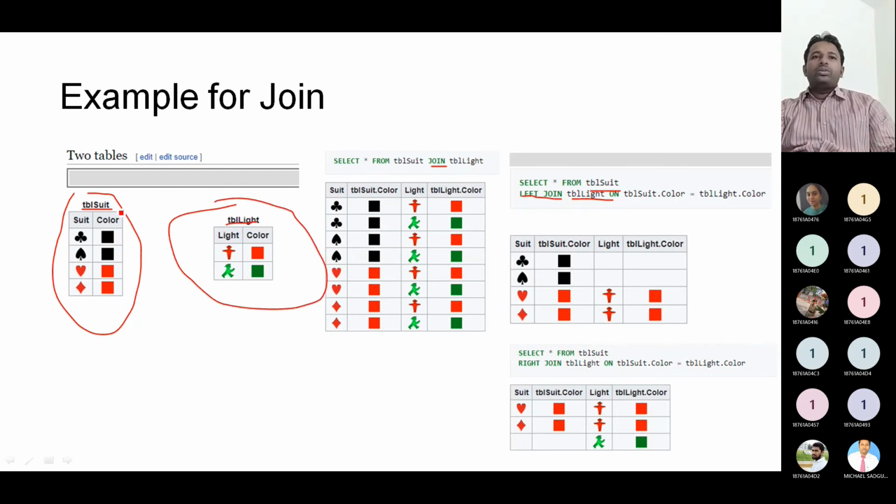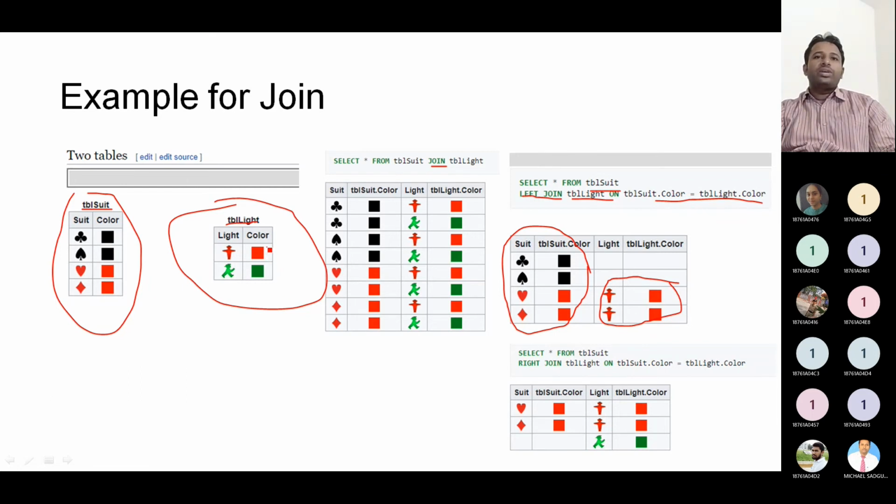Left join means all the rows in the left table are placed, and on the right table we are placing only the matched ones. We are just matching and combining. So the condition is based upon the color: the color in suit should be equal to the color in light, then you join.